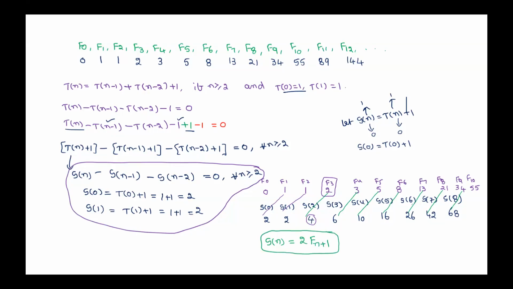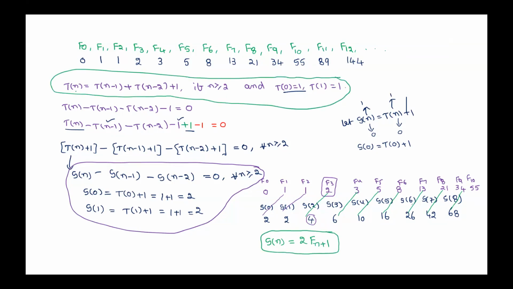Our interest is only, what do we need to find? The solution to this recurrence relation. That means, what is the value that we need to find? T of n only, no?